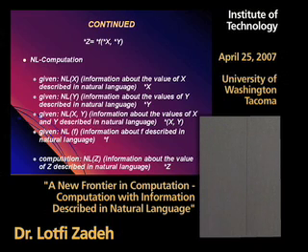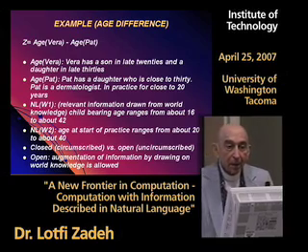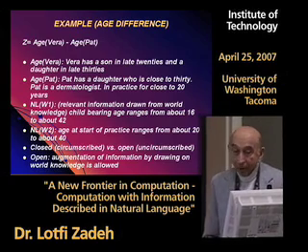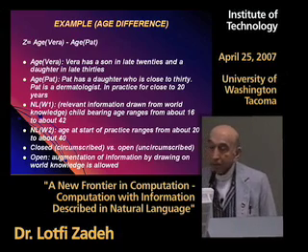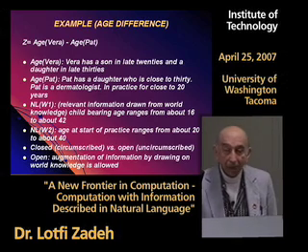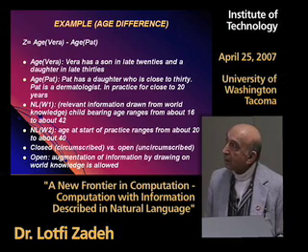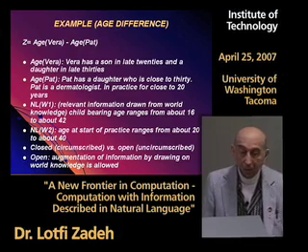There are many real-world situations in which this is really the case. Here is an example: what is the difference between the ages of Vera and Pat? I have some information about Vera and Pat. Vera has a son in mid-20s and daughter in mid-30s, and Pat has been in practice for so many years, and so forth and so forth.